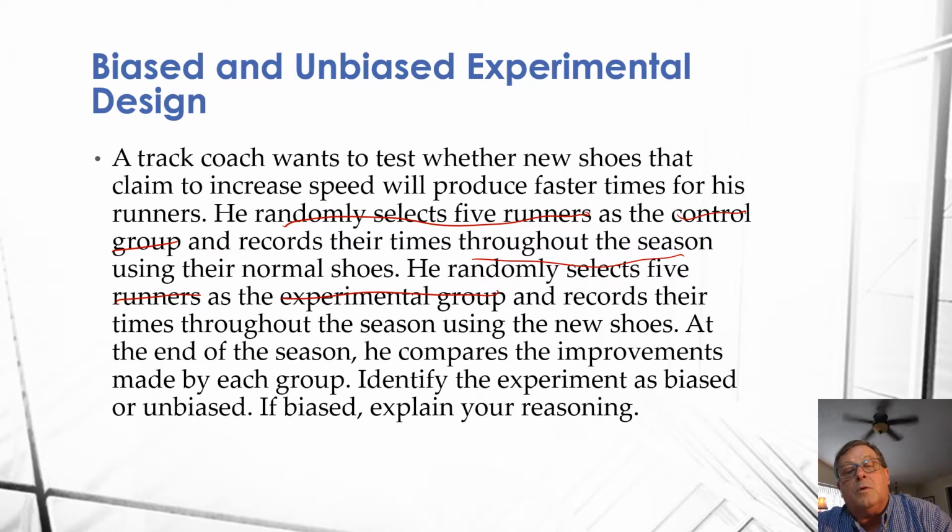Well, we've got one group with normal shoes, and we've got one group with the new shoes. So we only have one change that's being observed. And so this experiment would appear to be unbiased. We would have an unbiased experiment.